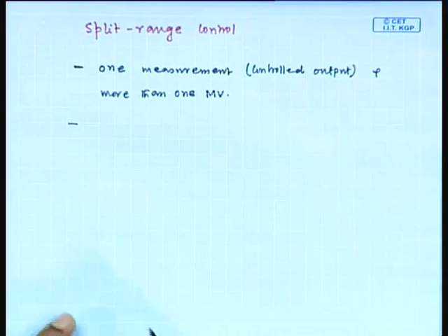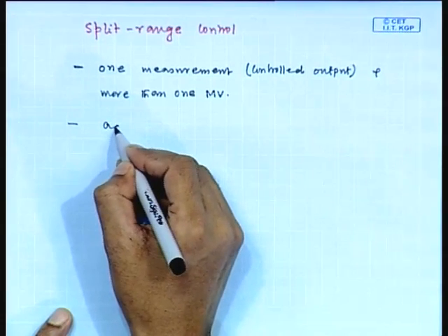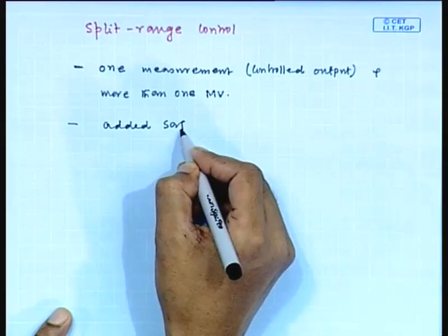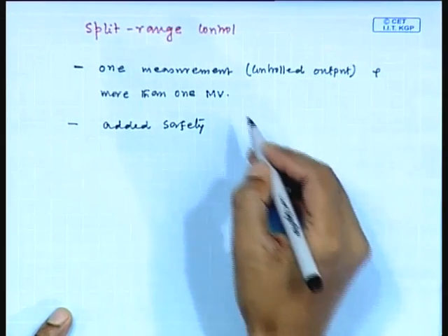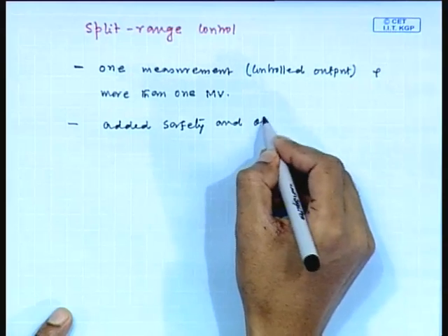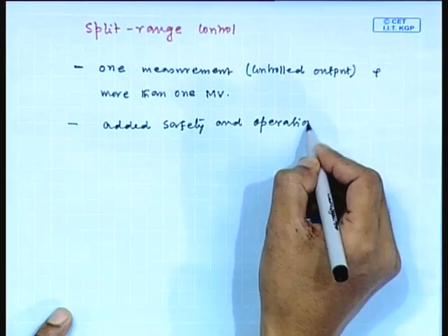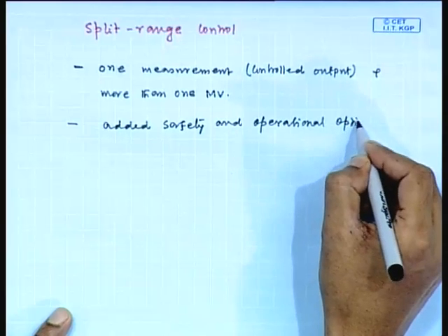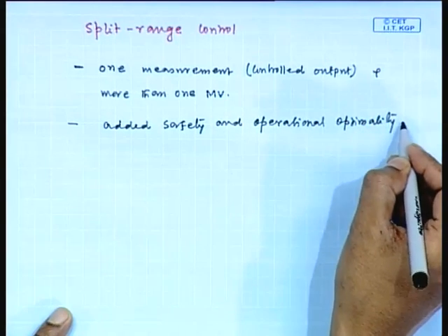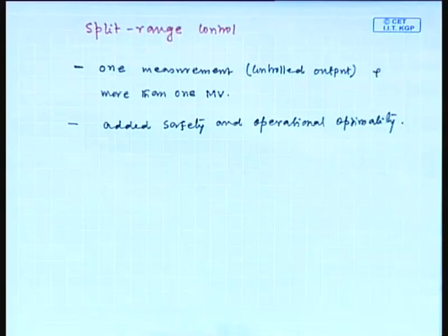This split range control provides added safety and operational optimality, and these controllers are not very common in chemical engineering.